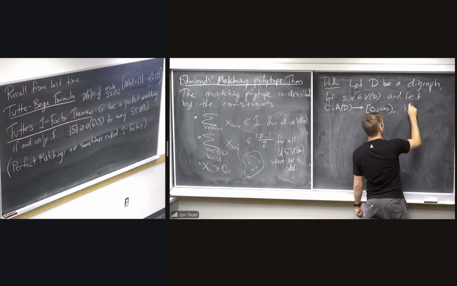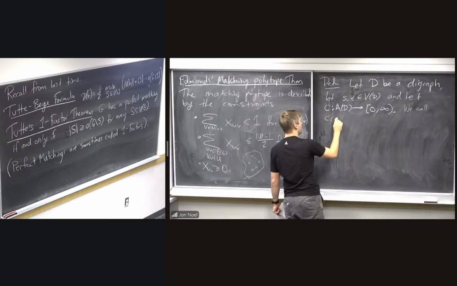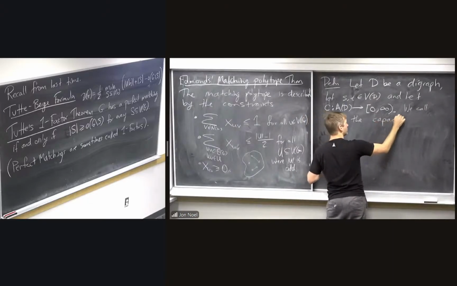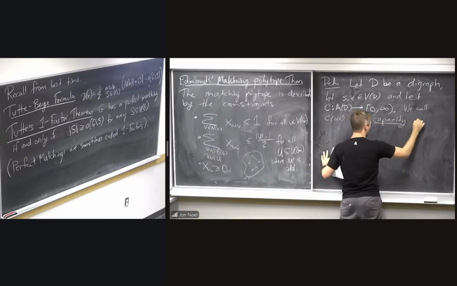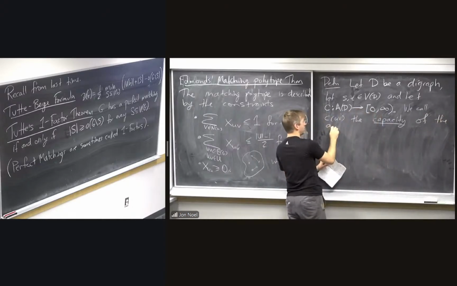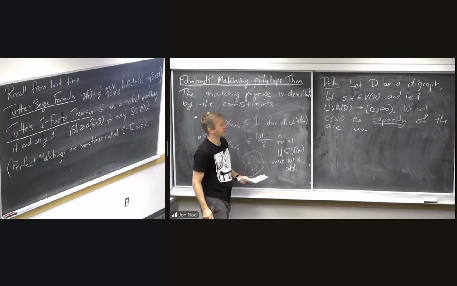By the way, we call C(u,v), for some arc uv, the capacity of the arc uv.